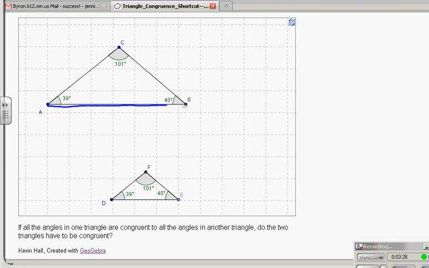If I compare this side right here, which is approximately, let's call it 6.25 in length, to the corresponding side, it is only 3. And yet, all of the angles remain the same. So this interactive is linked to the Moodle site, so you're free to come back here and play with this on your own.